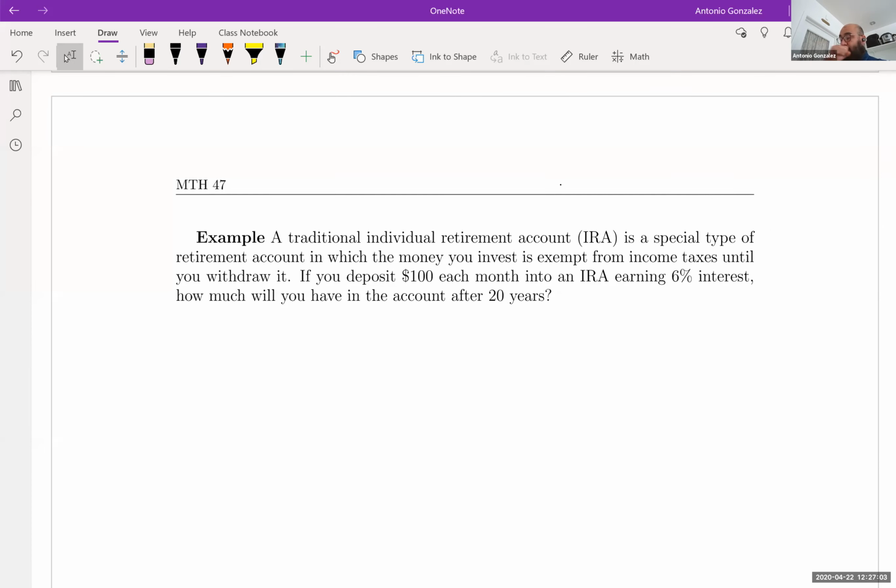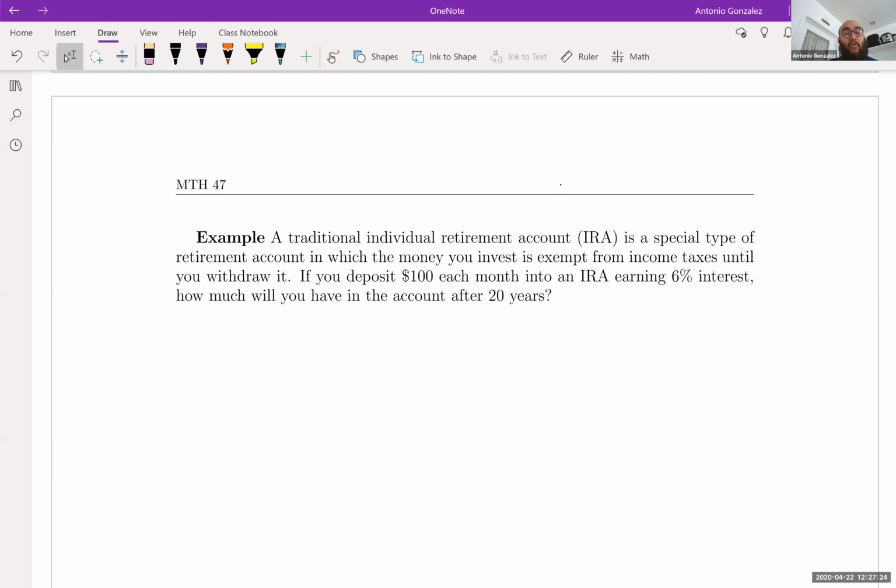In this example, it says a traditional individual retirement account, or IRA, is a special type of retirement account in which the money you invest is exempt from income taxes until you withdraw it. Caveat there: not now, but at some point, they'll get their money.